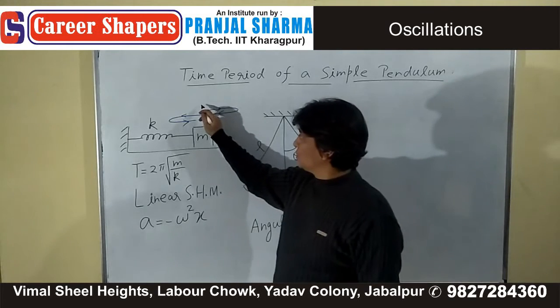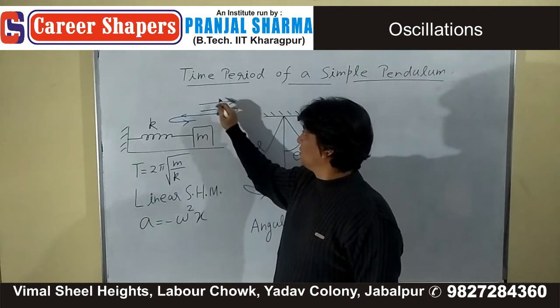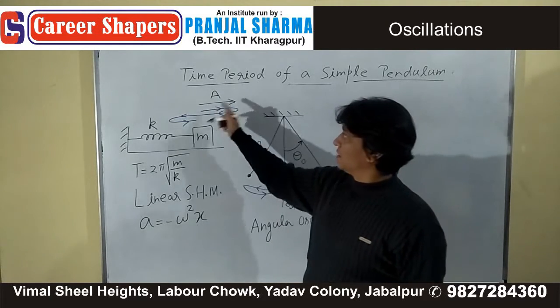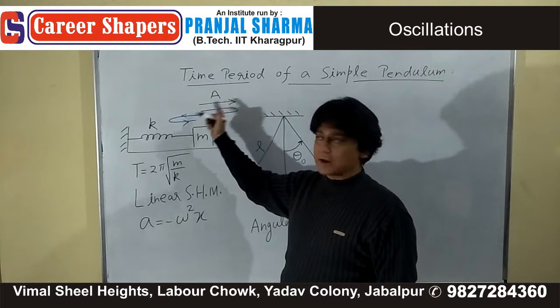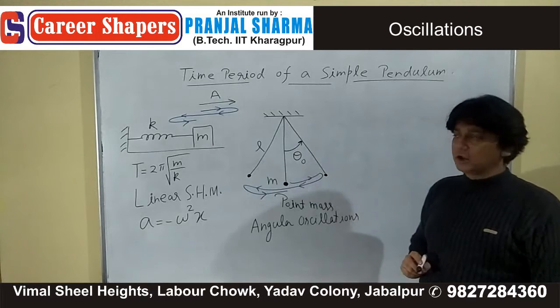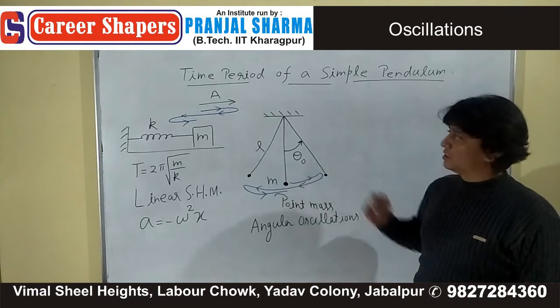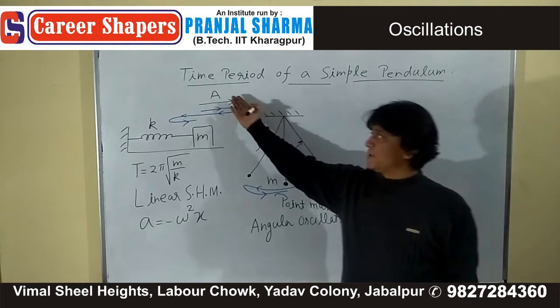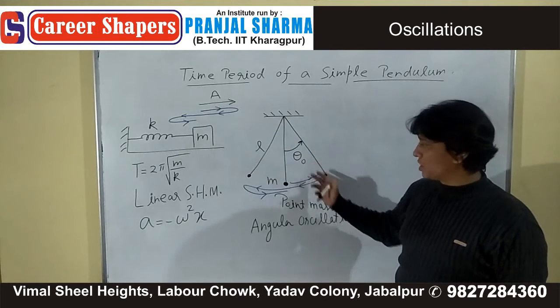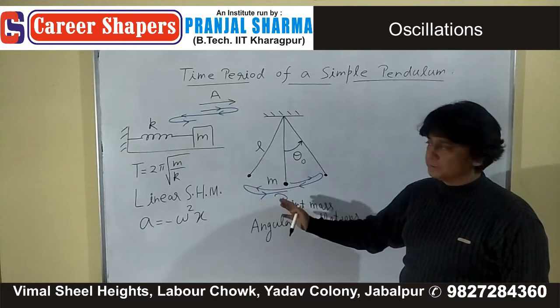In the linear case, we define the amplitude as capital A. Linear amplitude is capital A, and this is your angular amplitude theta naught. So displacement becomes angular displacement when you talk about angular motion.